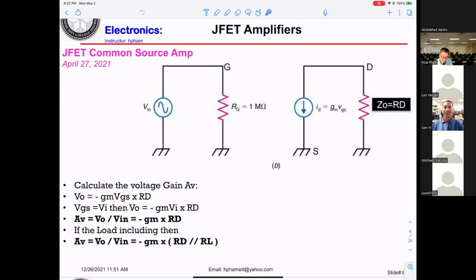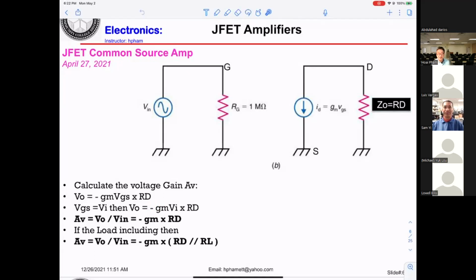Now, when you calculate it for the DC bias, the gain will be negative. However, for the AC, you don't have a negative. The reason is the negative sign just tells you input and output will be out of phase.